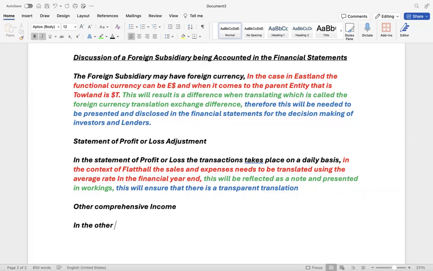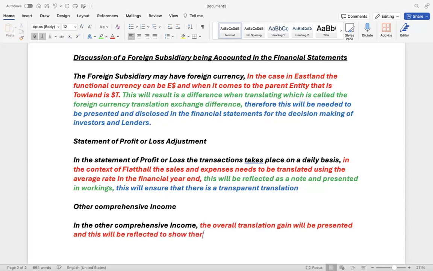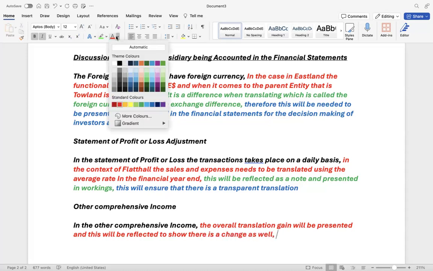In the other comprehensive income, the overall translation gain will be presented, and this will be reflected to show there is a change as well. So let's continue this.